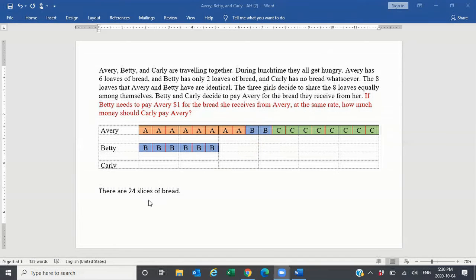Hold on, let me write that. That's pretty important. I'll just use 0. There.